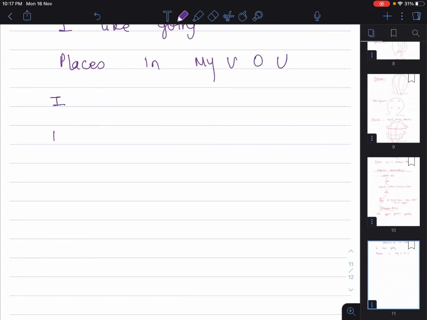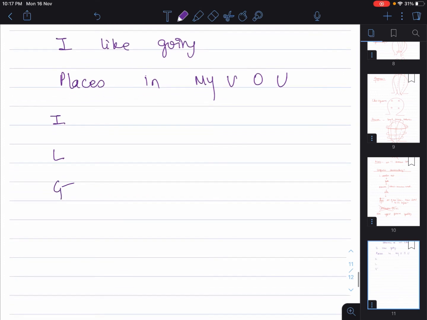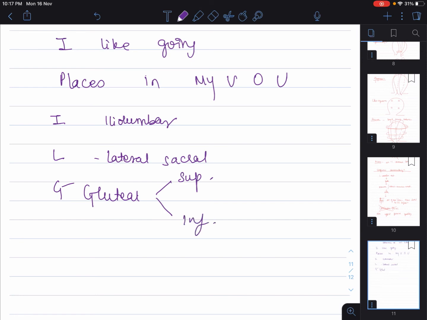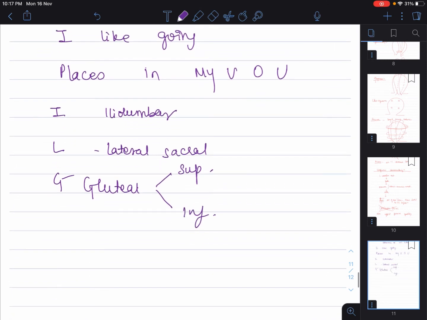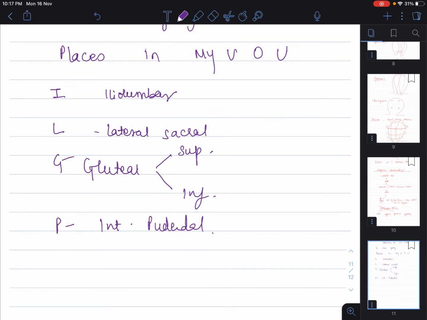See, I like going. So your ILG is, one is iliolumbar, then lateral sacral, and then gluteal. G for gluteal, which you will divide into superior and inferior. Then you have P for places, that is internal pudendal. Then I is for inferior vesical. M is for middle rectal.